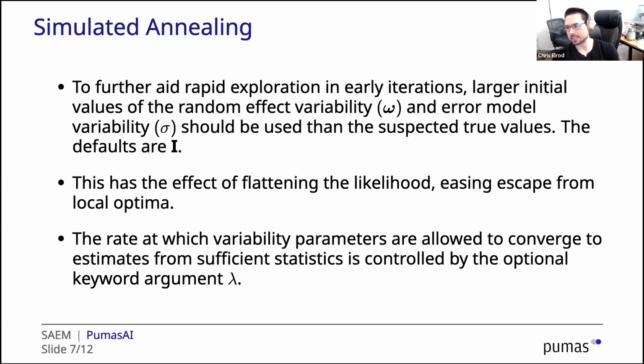So another thing to emphasize is I'd mentioned simulated annealing before, where we flatten the likelihood. That is done through inflating the omega and sigma values. Now, that's also something important to keep in mind as a practitioner using SAEM, is that we do this inflation by setting the omega's initial values to the identity matrix and the variability parameters, which for a normal distribution would mean the standard deviation parameters.